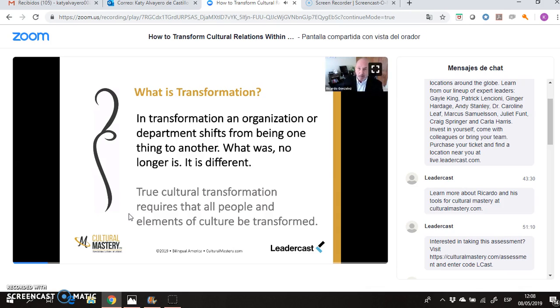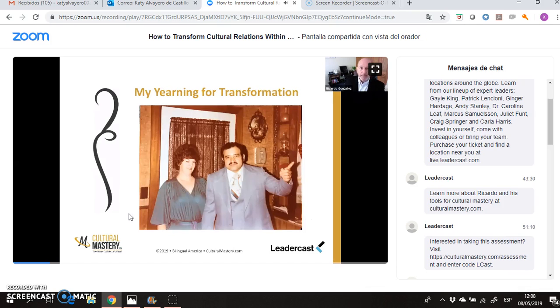It's different. Now remember, we're talking about cultural transformation here. True cultural transformation requires that all people and elements of the culture be transformed. So this isn't just some tweaking.